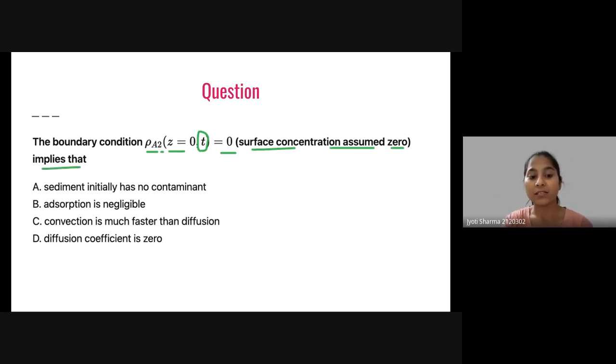Sediment initially has no contaminant, adsorption is negligible, convective is much faster than diffusion, diffusion coefficient is 0. So this question is more about the mathematical representation rather than the concept.